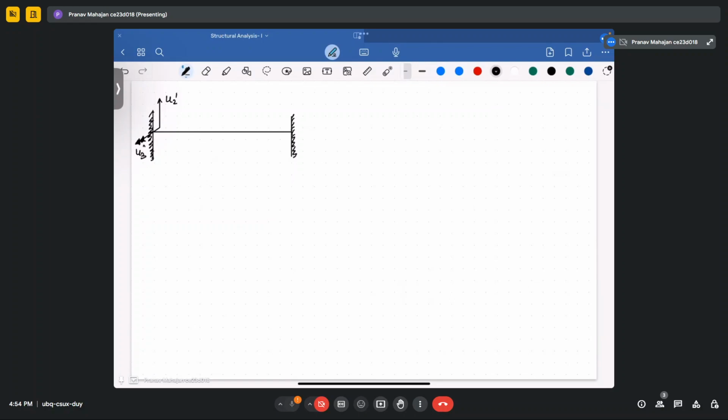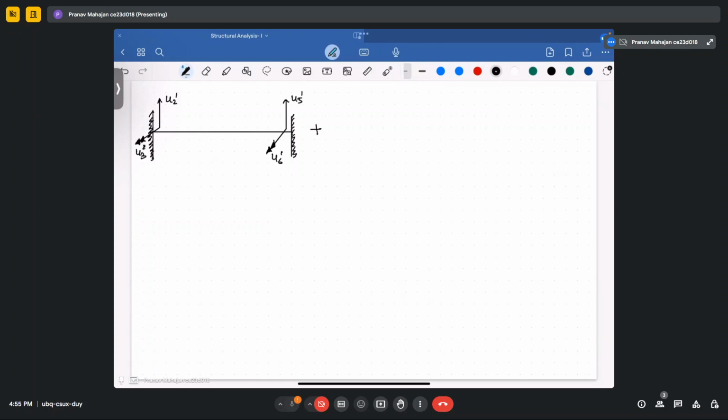So that would be, this is your U2, U3, and this would be your U5, U6 dash. Okay.